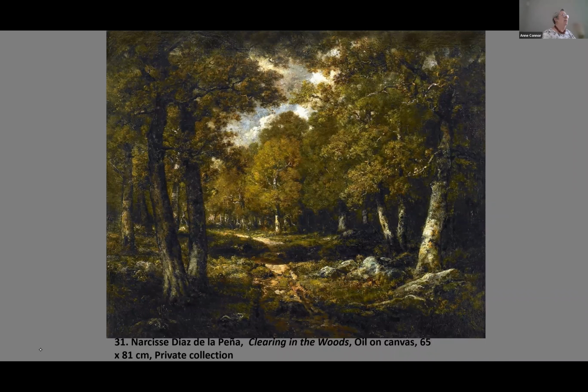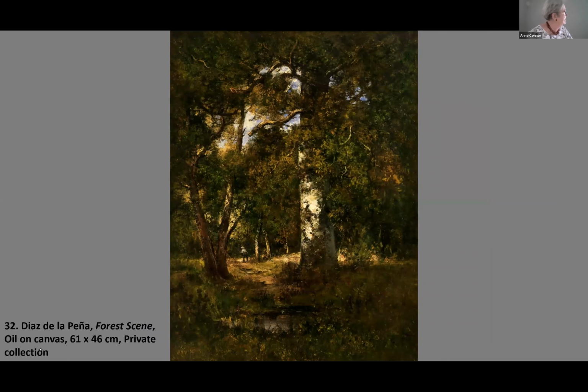When you see that, you can be sure it's a Díaz de la Peña. And this is another one of the forest scene. With just a tiny little fisherman in the middle. You can barely discern it.